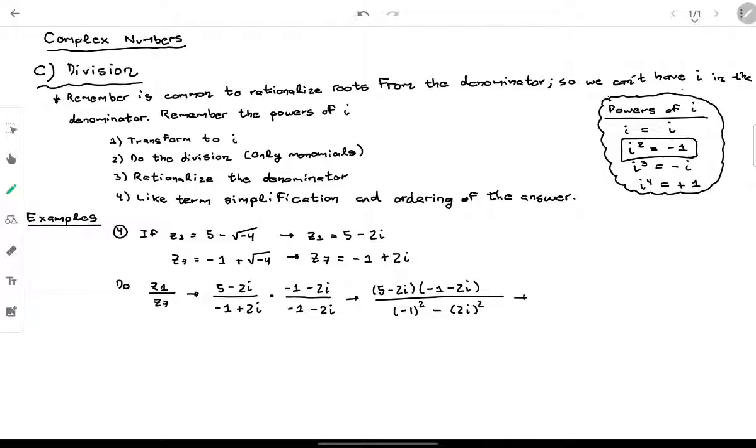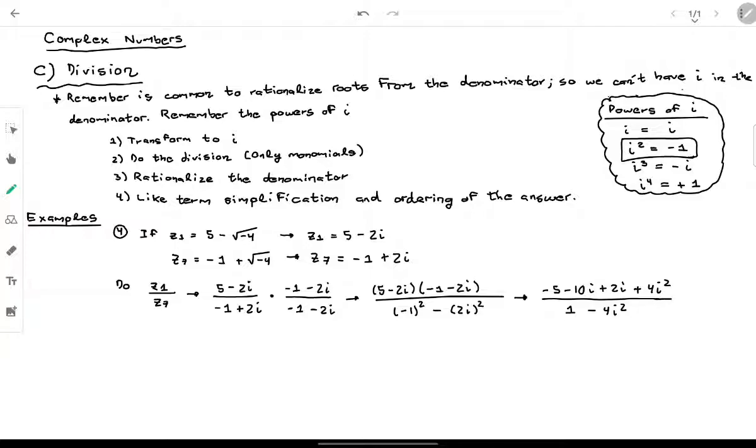On the bottom part it's going to be minus 1 squared, it's 1 positive, minus 2i squared, that is 2 squared is 4, times i squared. And on the top it's going to be minus 5 minus 10i, minus multiplied by minus, it's plus 2i plus 4i squared.